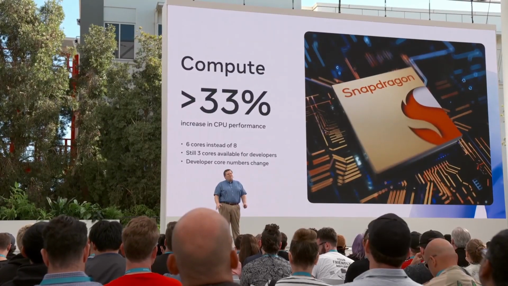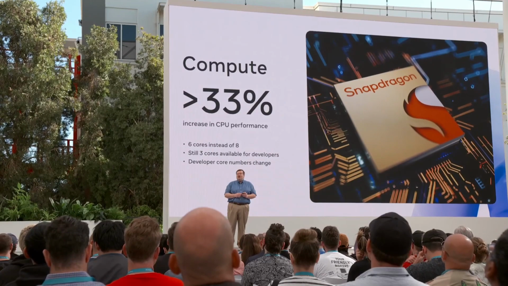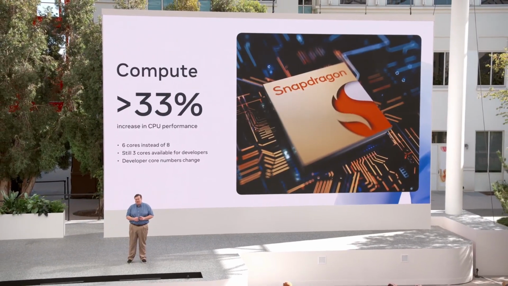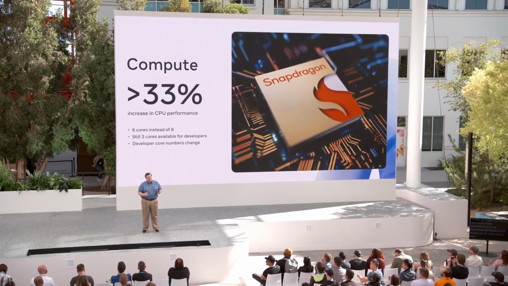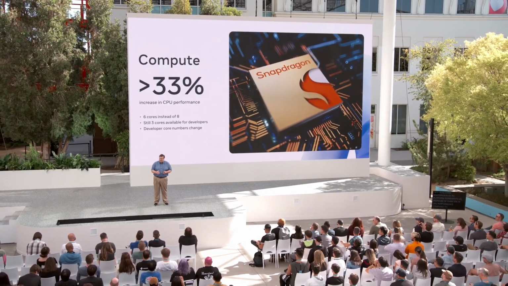One of the biggest upgrades for existing VR developers has to be in terms of compute. The all-new Qualcomm Snapdragon XR2 Gen 2 platform represents an increase of over 33% in CPU performance compared to the Quest 2's XR2 Gen 1 platform. In terms of cores, there's only 6 CPU cores available compared to the Quest 2's 8 cores.